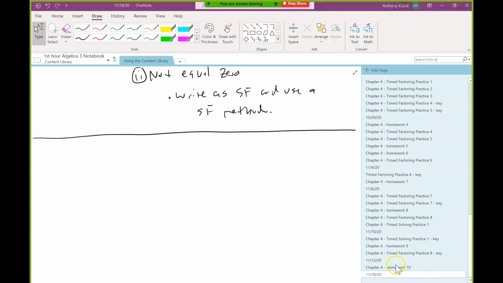Again, the homework we checked over the weekend was homework 10. All right, fair enough. Nothing's come through. It doesn't mean you can't ask about something later on, but since nothing's come through, we'll just move on.